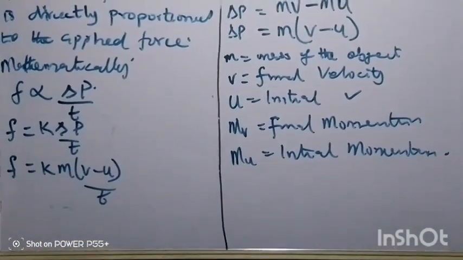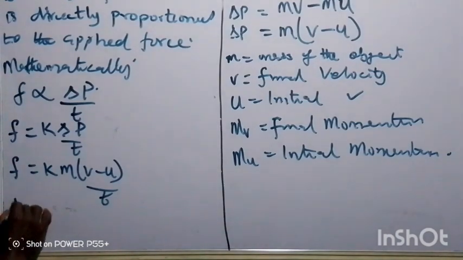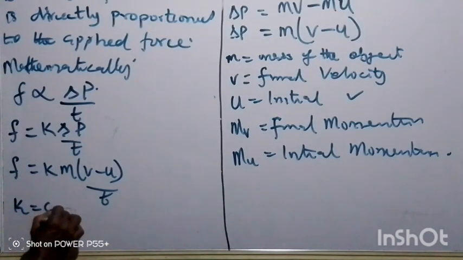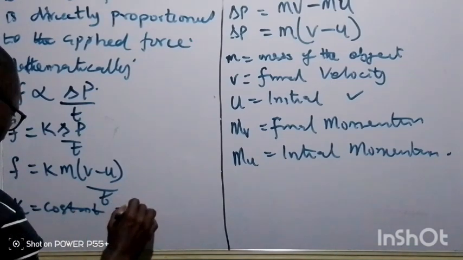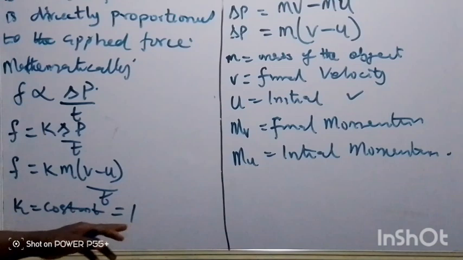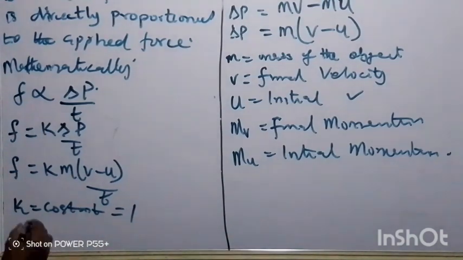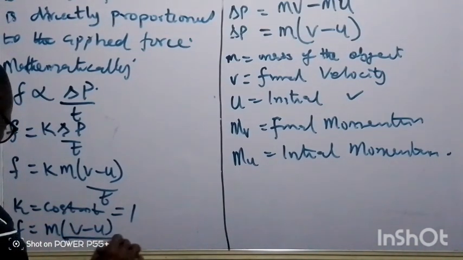Now, k, as I said, is a constant, which can be equal to 1. If k is equal to 1, then we are going to have F, that is force, equal to m into bracket v minus u over t.